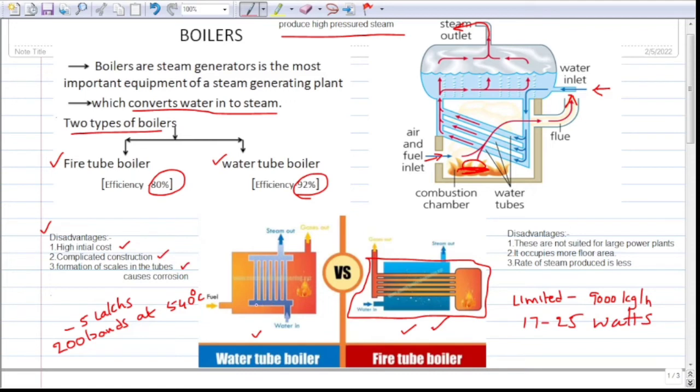That is, the water passing through these tubes forms scaling in the tubes and causes corrosion. Regarding the disadvantages of fire tube boilers, they are not suited for large power plants, they occupy more floor area, and the rate of steam produced is less.